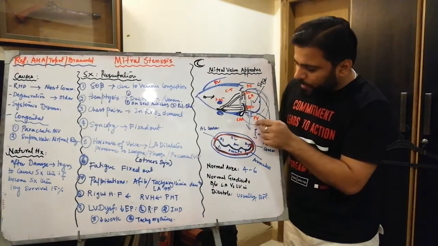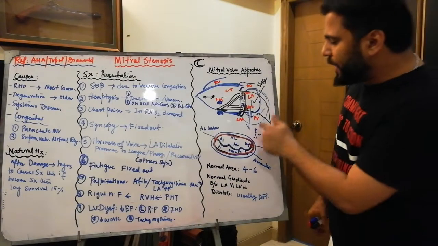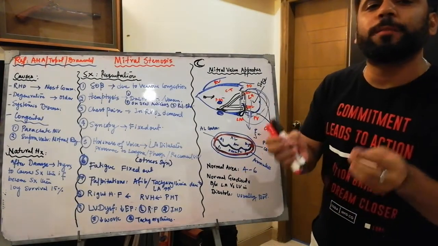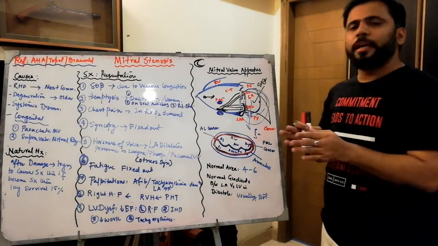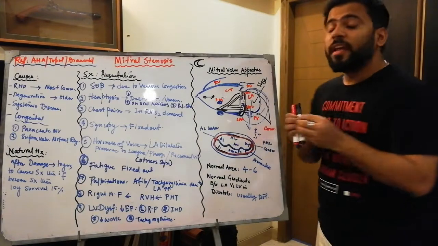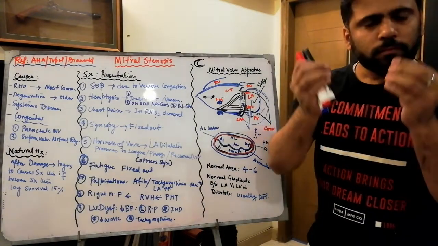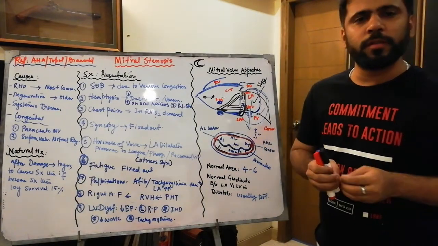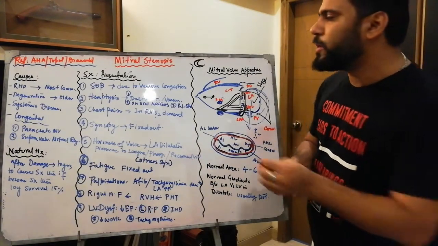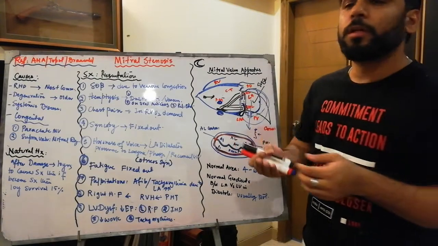Again, the same: increased LA pressure, increased lung pressure, and increased pressure in the pulmonary vessels, and usually they cause rupture of pulmonary veins. Whenever there is rupture of the pulmonary microvasculature or pulmonary veins, it causes hemoptysis in the mitral stenotic patient.